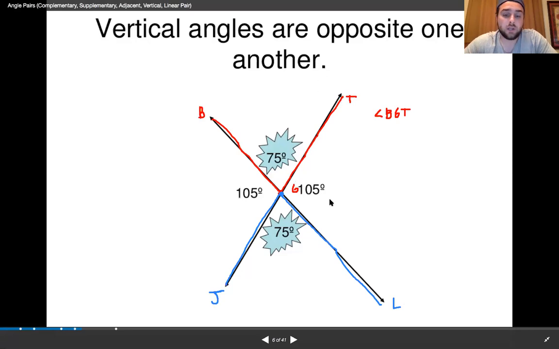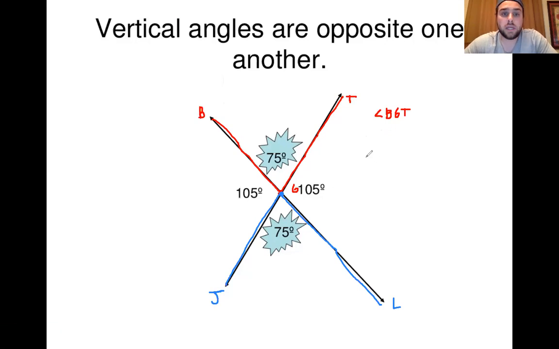Looking at my lower one, I have JGL. So that's angle JGL. If you are asked on a quiz or on a worksheet, what angle is the vertical angle to BGT?